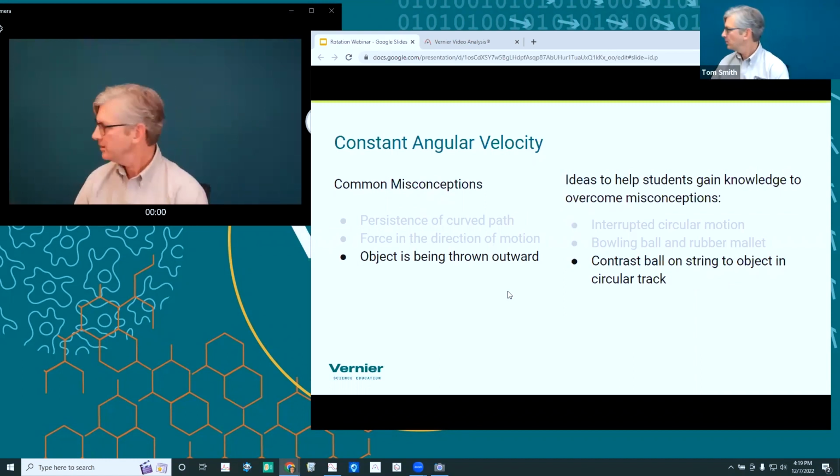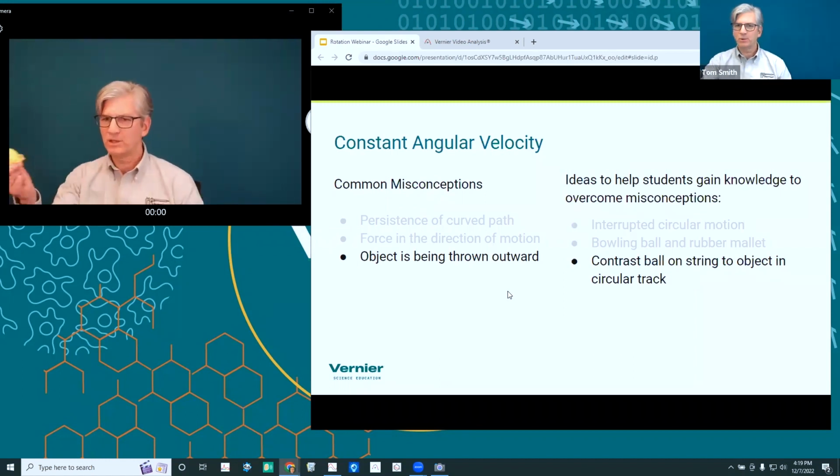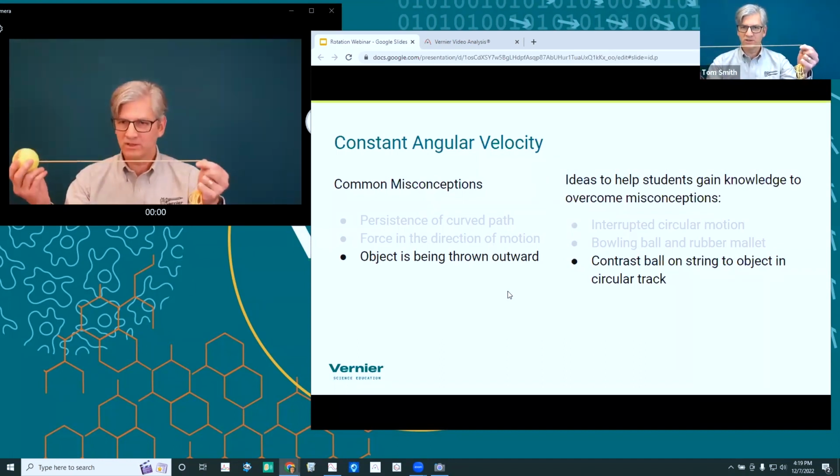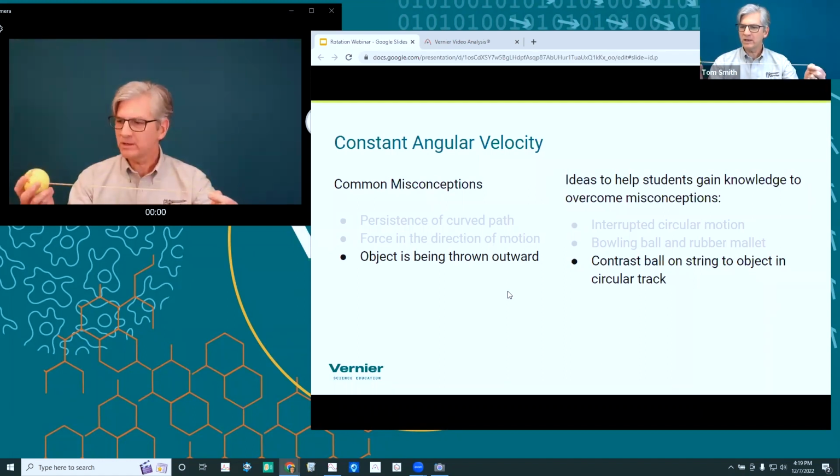I would probably go back to maybe the ball and the string, talking about, okay, what is it that causes the ball to go in a circle? And recognizing that there's some tension in the string pulling in, and then having the students think about that in the context of going around a corner in a car.